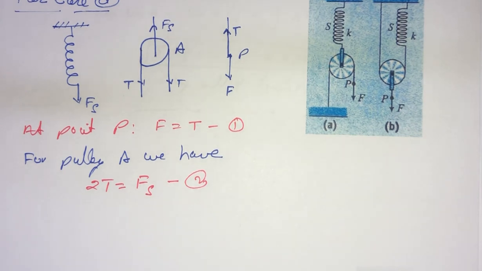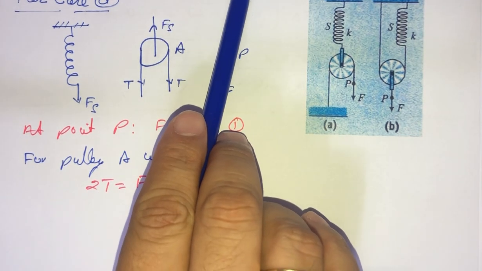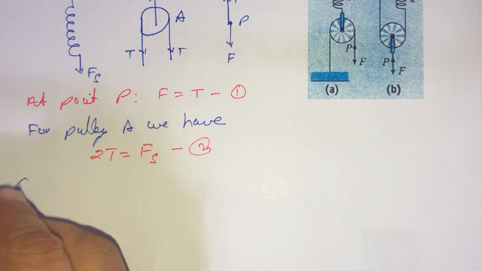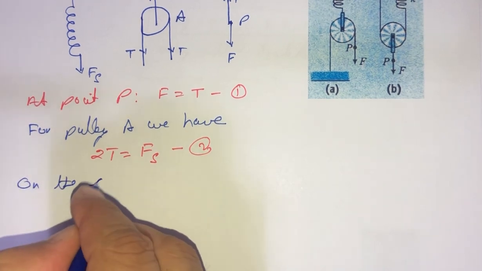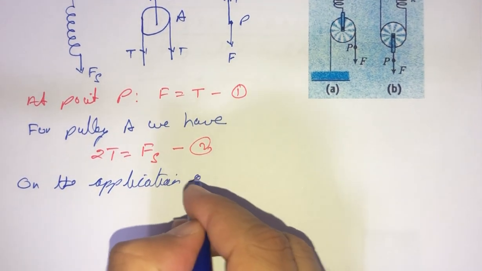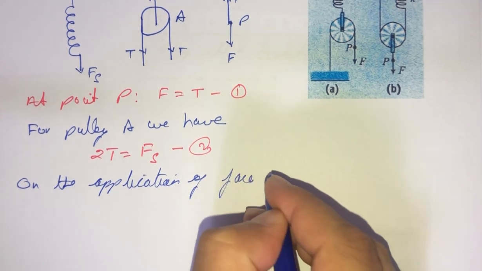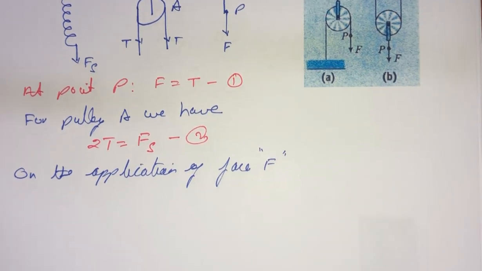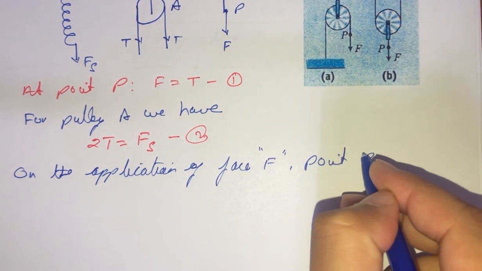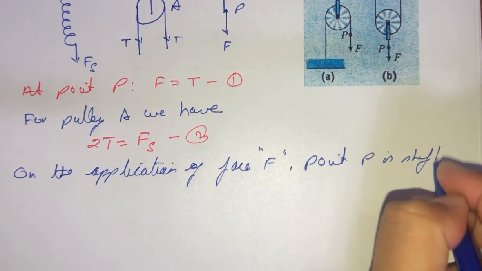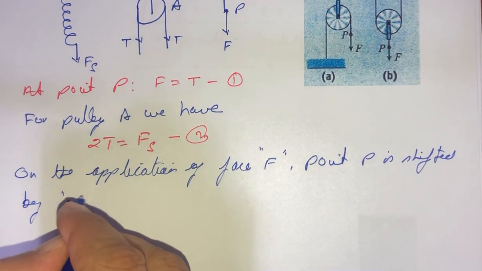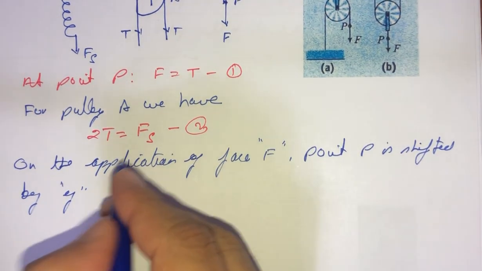And it is saying that when F is applied, the point P is displaced in the downward direction by Y. So on the application of force F, point P is shifted by Y in downward direction.